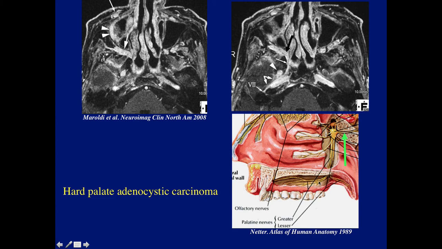Here are the palatine fibers going back up to involve the pterygopalatine ganglion. But this is the pterygoid. Remember, the pterygoid, as it continues posteriorly, will join or form the greater superficial petrosal nerve.